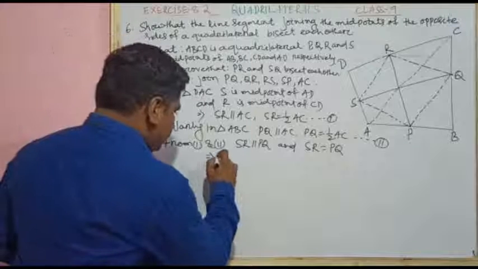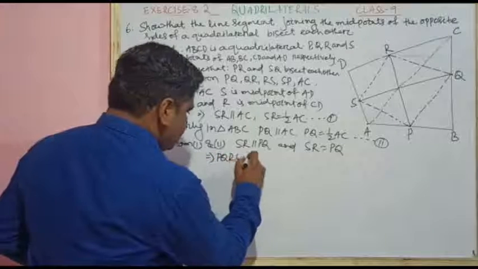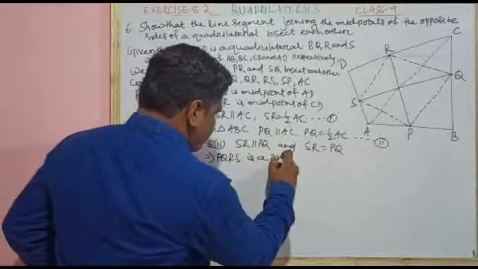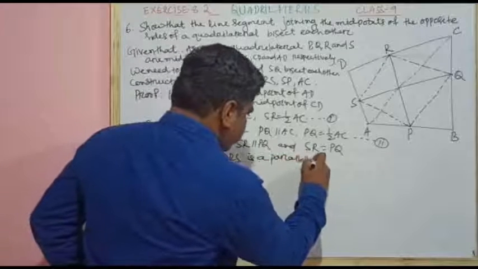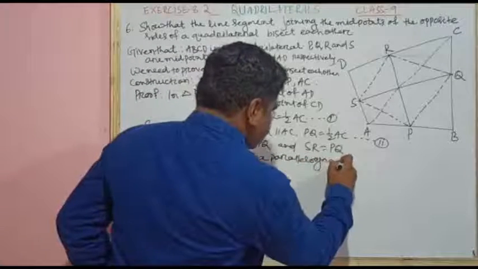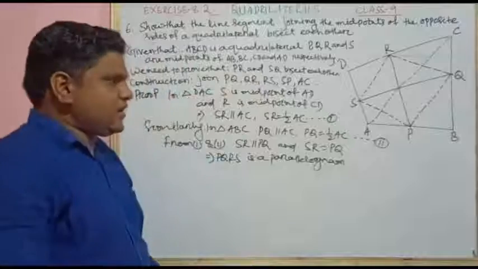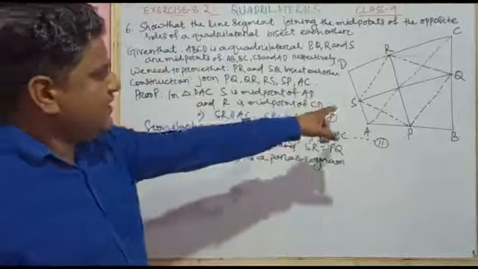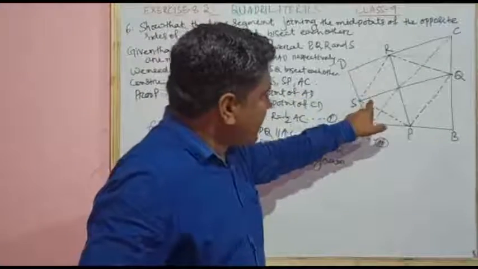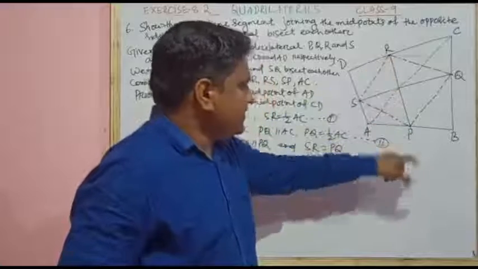This implies that PQRS is a parallelogram. If PQRS is a parallelogram, then its diagonals are SQ and RP.